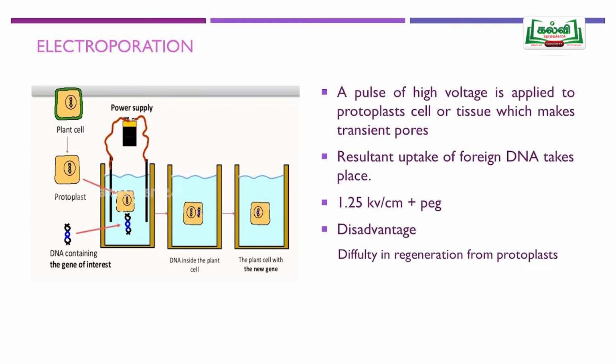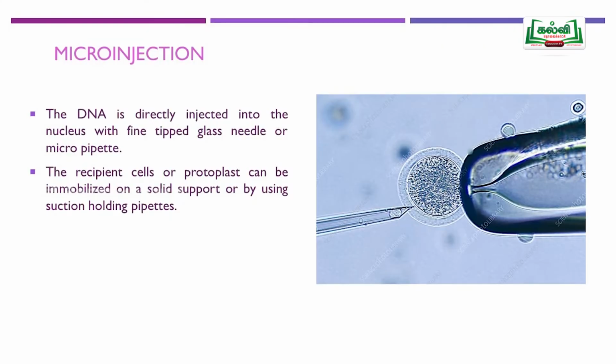The exact voltage we apply here is 1.25 kilovolt per centimeter. During this we add a little bit of polyethylene glycol for speeding up this process. The major disadvantage of this process is that the regeneration of protoplast is low.